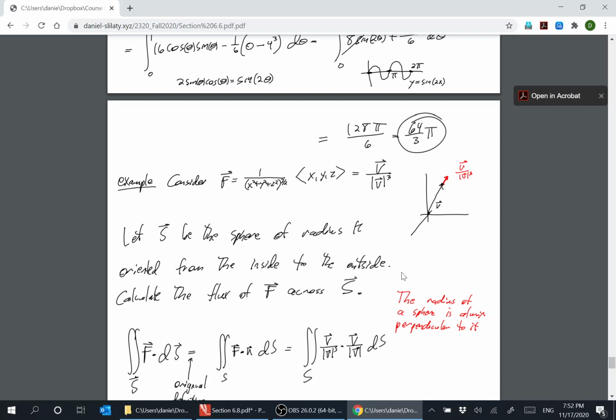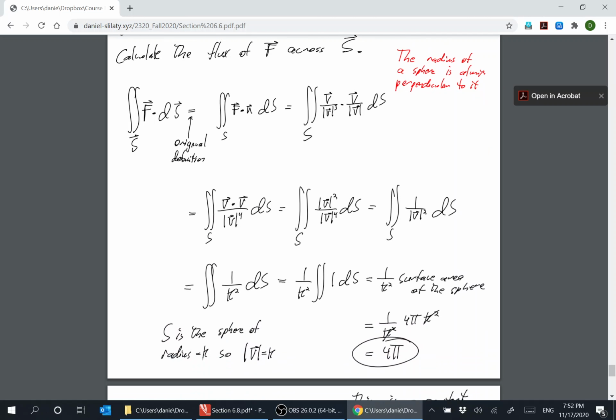Okay, so that vector field was the one that models the explosion at the origin, because the flux across any sphere, so we did the flux across the sphere of radius k, and the k canceled out, and we just got 4 pi. So the flux across any sphere, no matter what the radius, the total flux is always the same, 4 pi in this case.